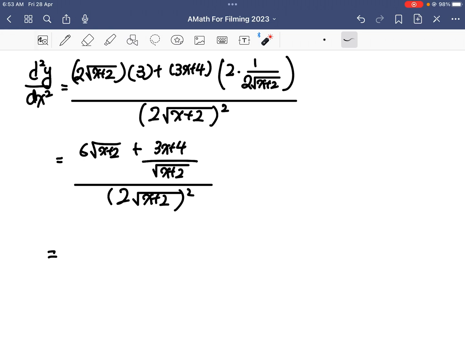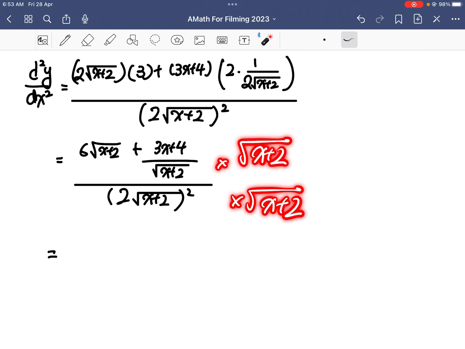A more intelligent way is to multiply root x plus 2 and root x plus 2 to both the numerator and the denominator.